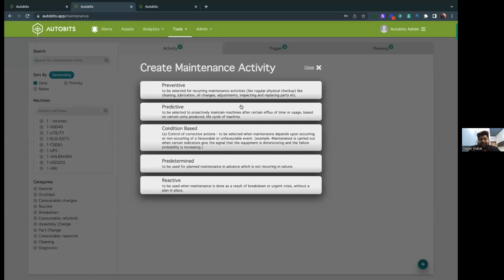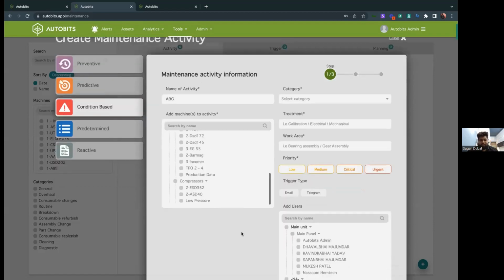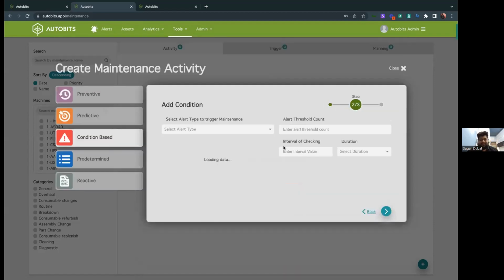So for that, we can have a condition-based predictive maintenance system. Let's say ABC is your machine name, we can set an alert if there is something like this in this machine.